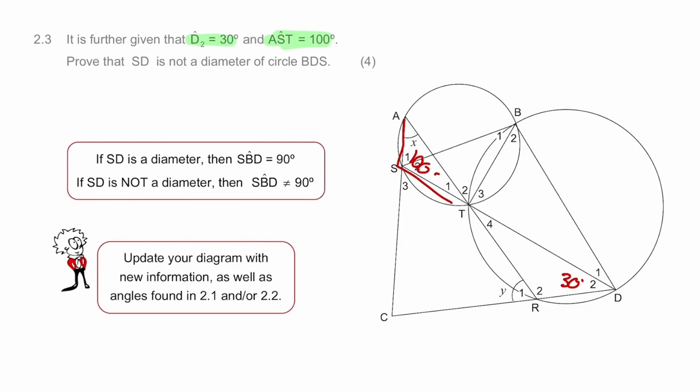All right, now, in order to prove a diameter, we have to first understand what a diameter is or what it does. So if we do have a diameter, then the angle here has to be 90 degrees. But if we do not have a diameter, the angle cannot be 90 degrees.